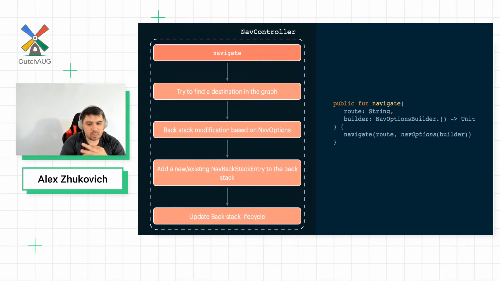And finally, we update the backstack lifecycle. The previous screen, if it still exists in the backstack, will change its state from resumed to created, and the newly added nav backstack entry will change its state to resumed, and at this moment navigation happens. So that is what happens inside the nav controller when we execute a navigate action.